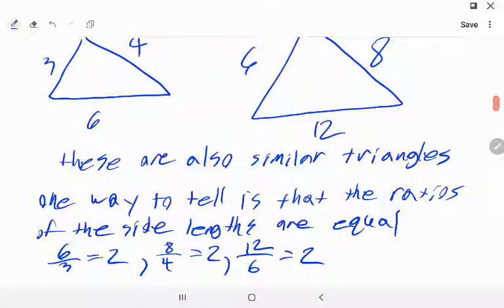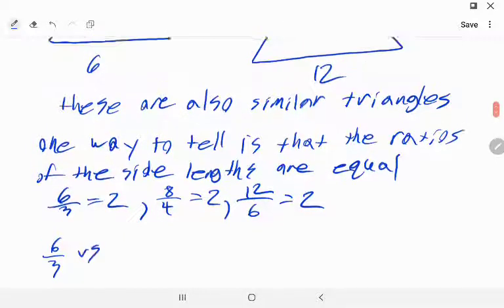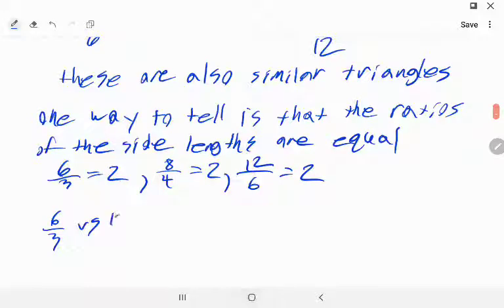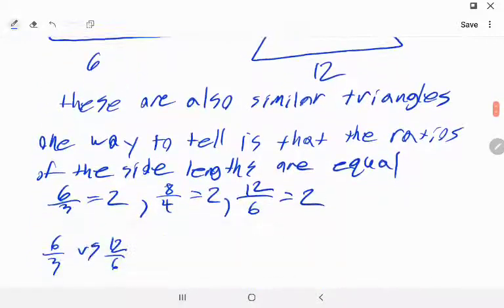Another interesting quirk is that if we take ratios of sides within a triangle, the ratios will match. We notice that if we take 6 divided by 3 versus 12 divided by 6, they're both 2. If we take 4 divided by 3, that matches with 8 divided by 6.